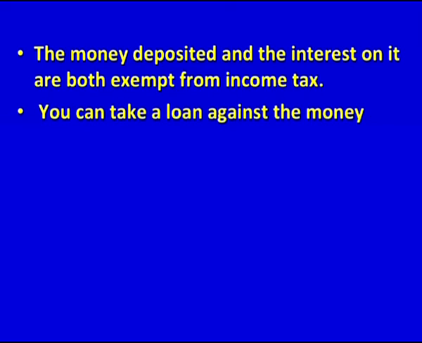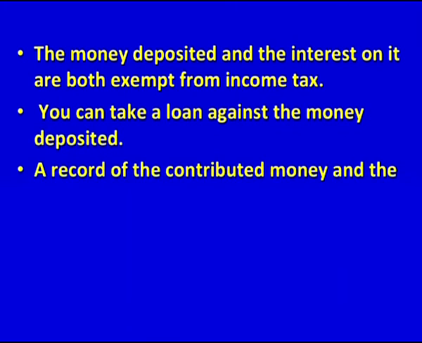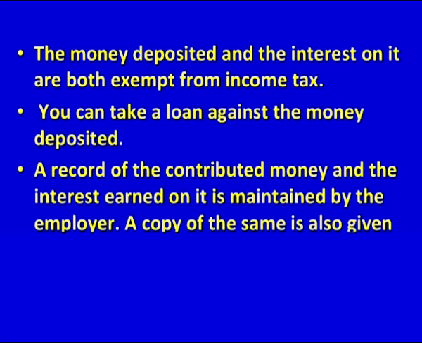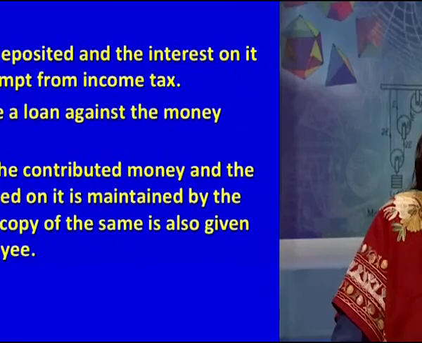You can take a loan against the money deposited. A record of the contributed money and the interest earned on it is maintained by the employer. A copy of the same is also given to the employee. Types of Provident Fund schemes.